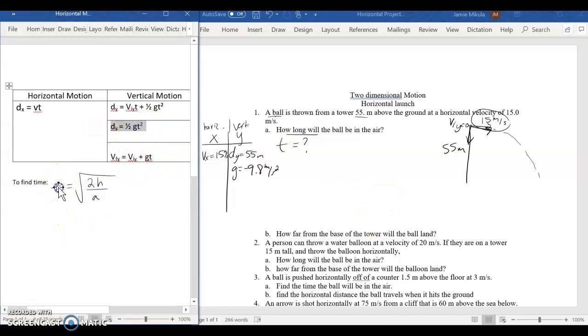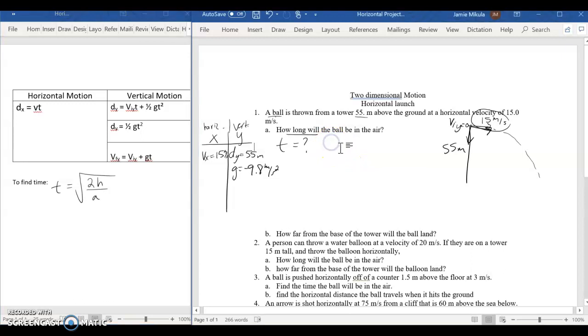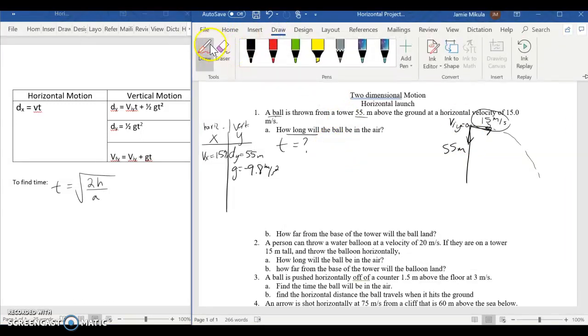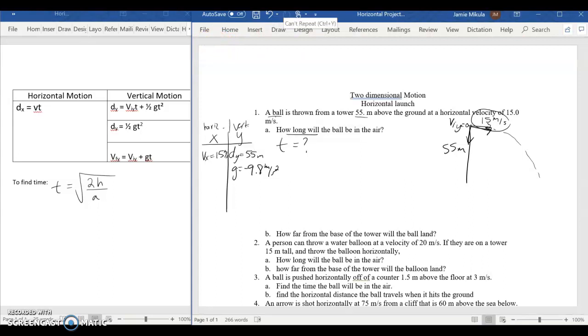And that is where this formula down here comes from. It's just all rearranged. So plug in your numbers. t equals square root of 2 times 55 all over 9.8. Now I'm going to remove the negative from the 9.8 because when you put it in your calculator, you don't want to take the square root of a negative, you'll get an error.